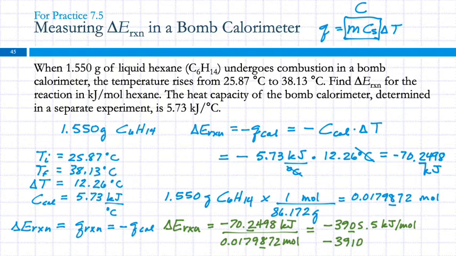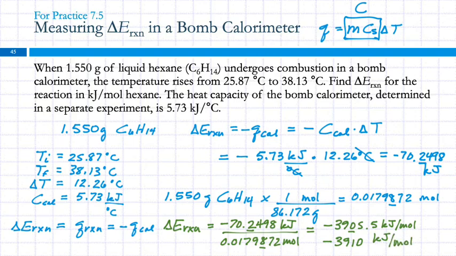I need to replace that 5 with a 0, because this is negative 3,905, which is not even close to minus 391, right? So we have to keep the magnitude the same. So when I'm rounding past the ones place, I need to be careful to replace everything up to the decimal point with a 0. So minus 3910 kilojoules per mole.